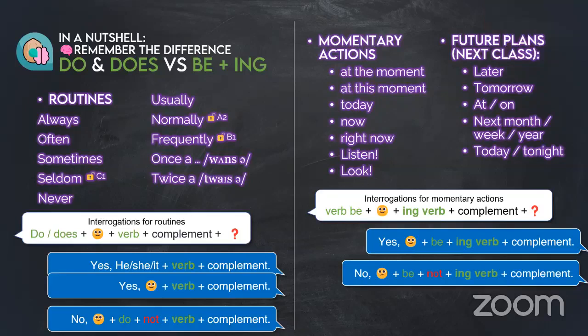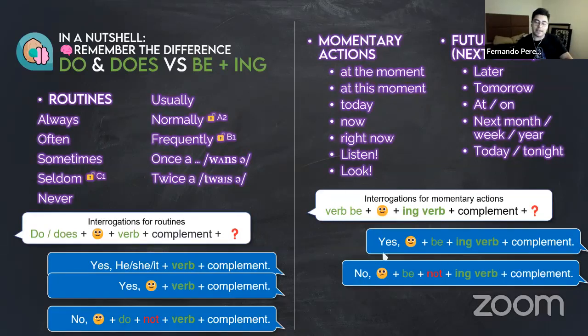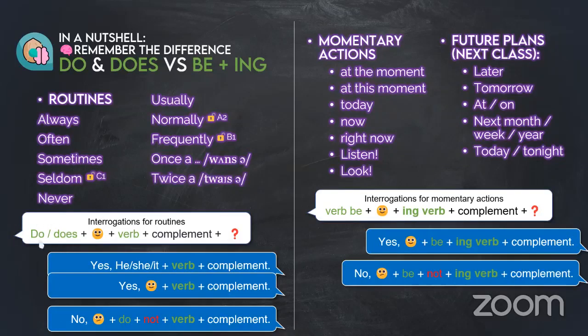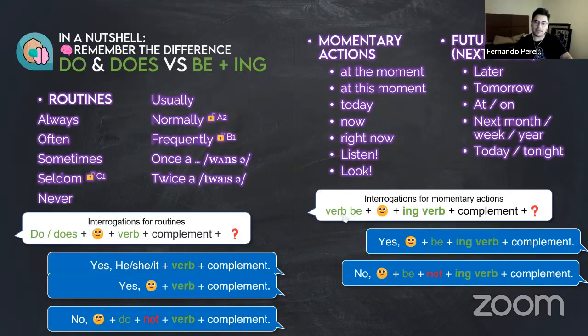For the future plans, you need this structure because routines is here. And if you see the structure, it's different. On the right, you have do and does, and on the left, you have the verb be. You cannot cross these two.